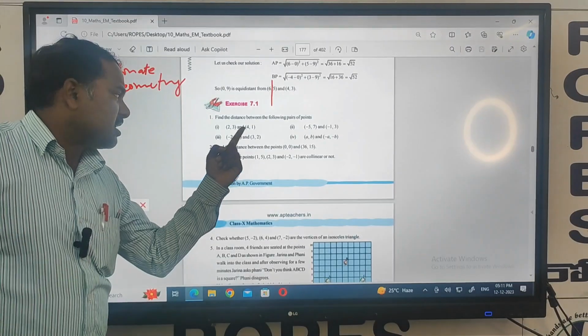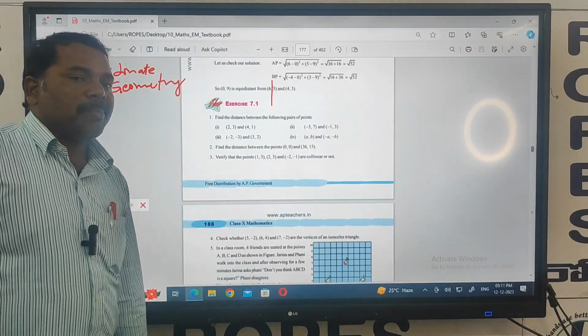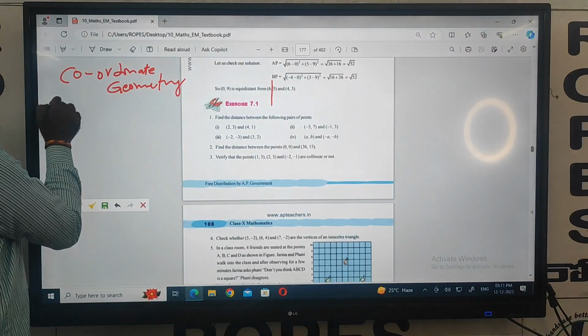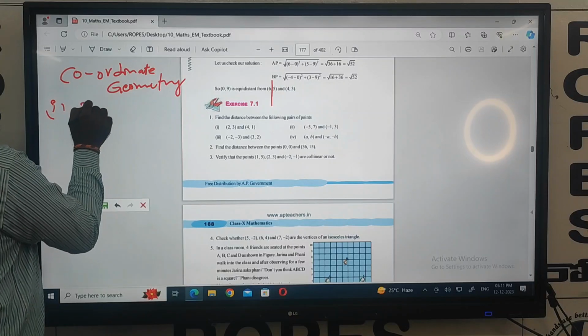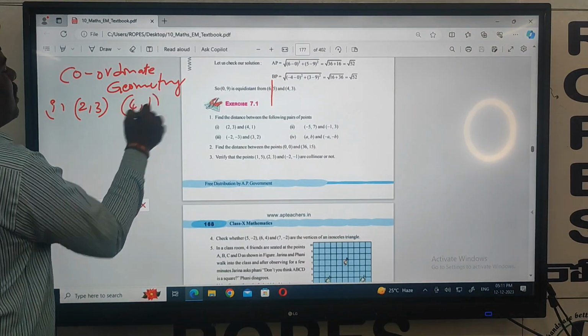In exercise 7.1, find the distance between the following pairs of points. In the first one, they have given the points (2, 3) and (4, 1).